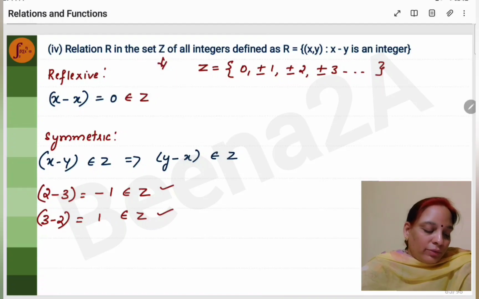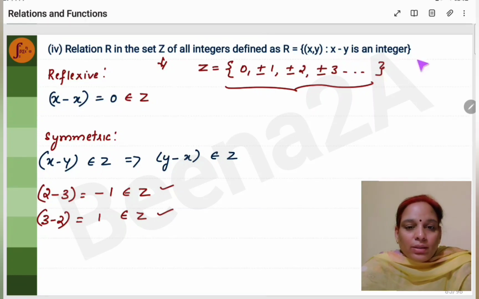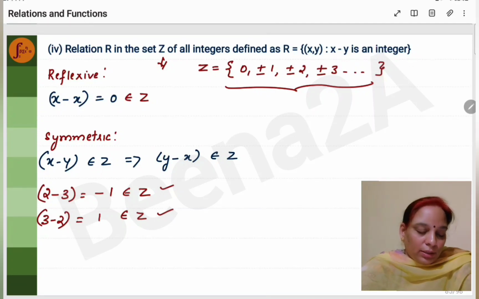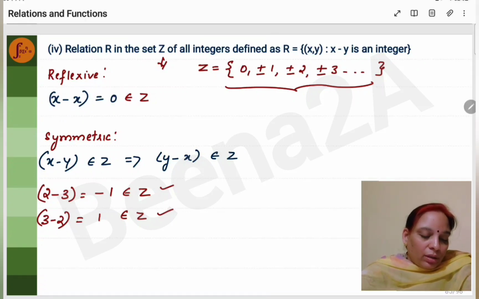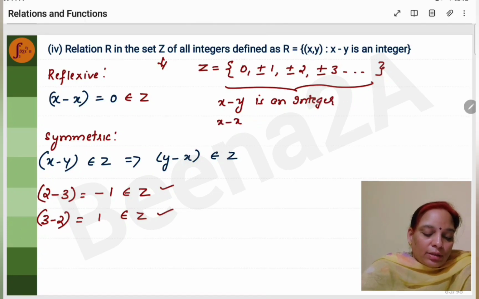Now, you have Z, which is a set of all integers. The relation given is x minus y is an integer. Now, let's look at the reflexive condition. For reflexive, both the first element and second element have to be the same. So, instead of y, I'll put x itself.